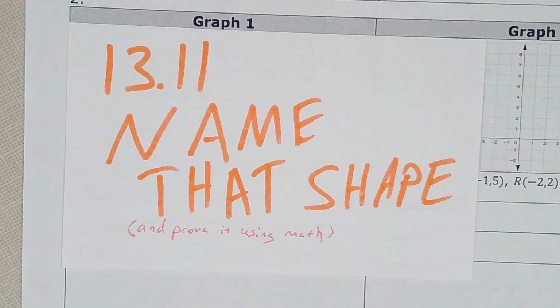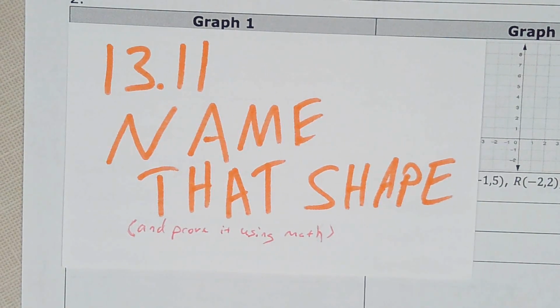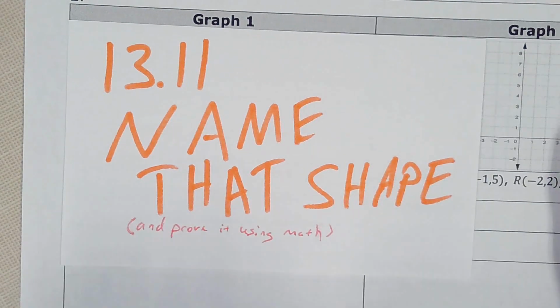Also, knowing what you know about calculating line distances and comparing those distances, and using those two things, recognize what the shapes are, coupling that with your knowledge about shapes. All right, so let's get to it.